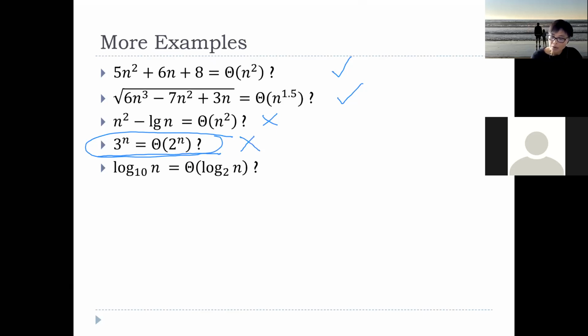All right, the last one. Earlier when we did the change of base formula, we have that log n is actually equal to log n over 2 log.